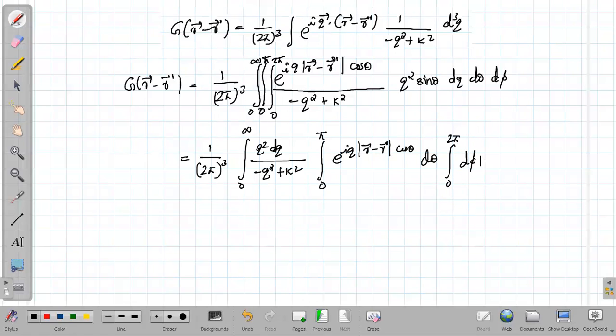Okay, so this integral will become 2 pi. There is no issue.